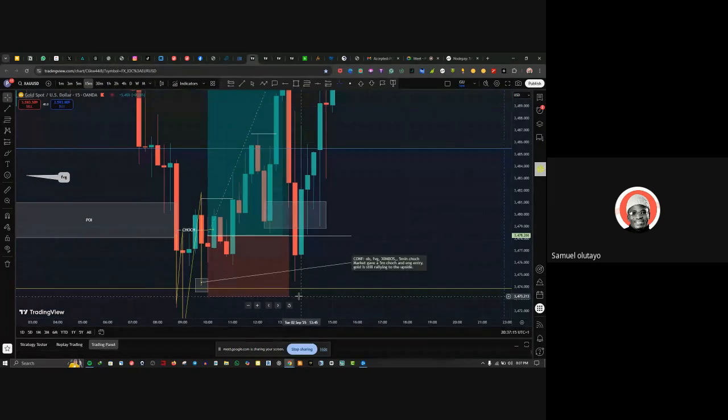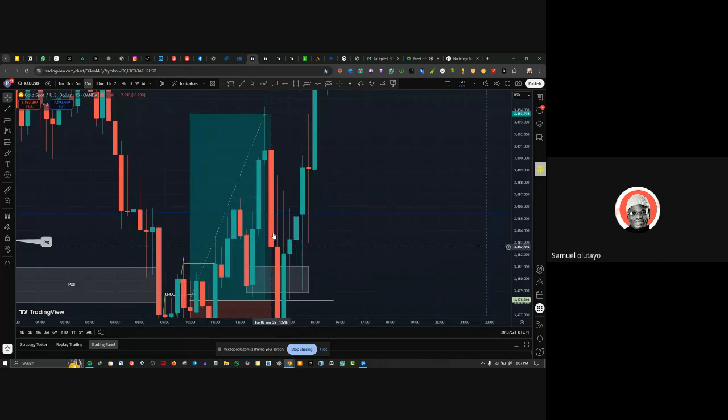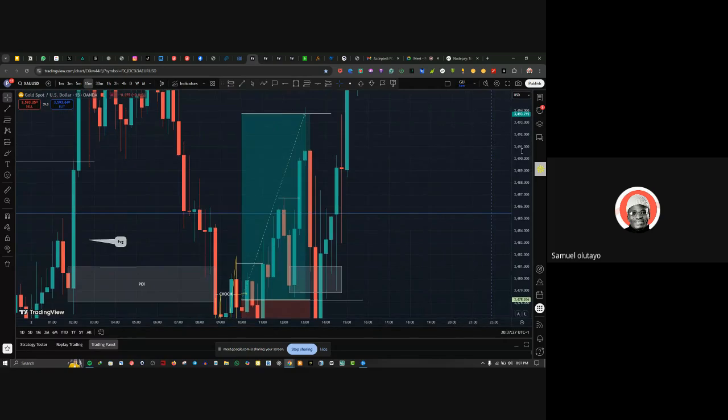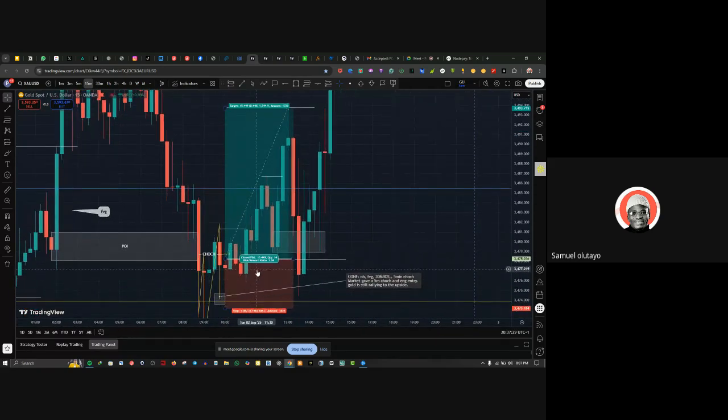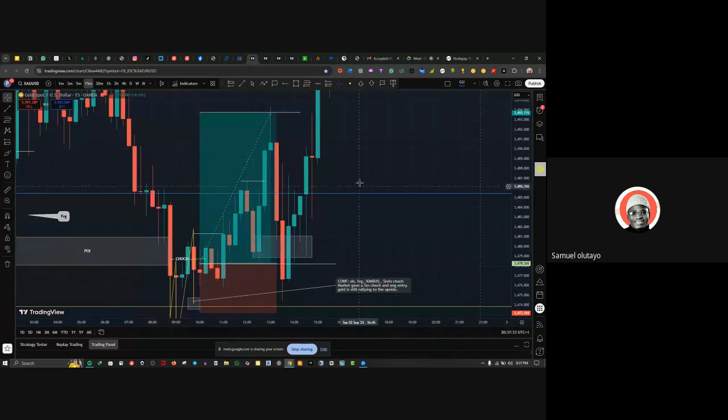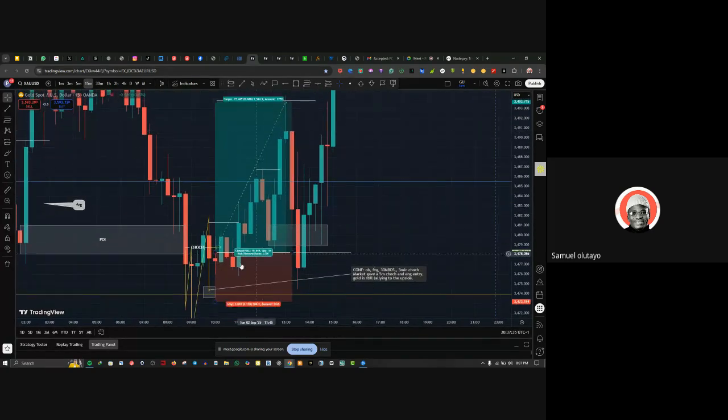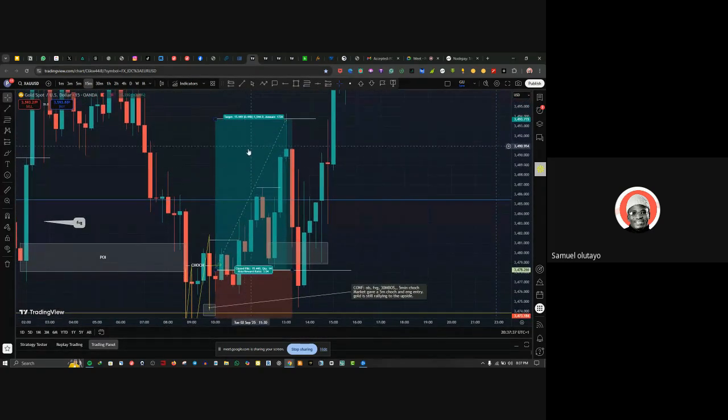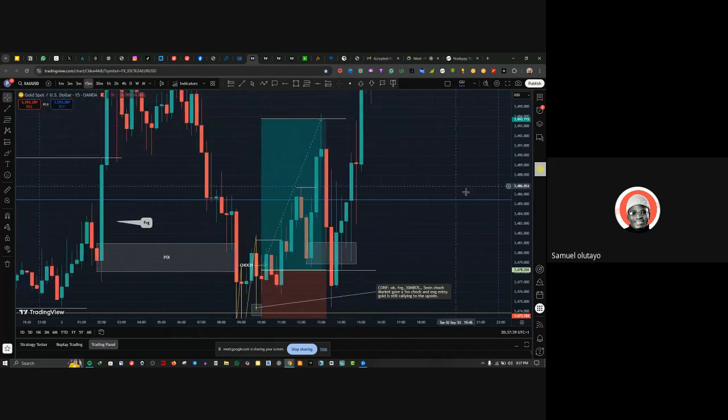I would have lost that trade. So the market came in, did its whole zigzag movement, and then went to take out my take profit right here. So that means I risked 1% to make 3% on that trade. So if I was risking $10, I was making $30. If I was risking $50, I was making $150. That makes sense, all right?